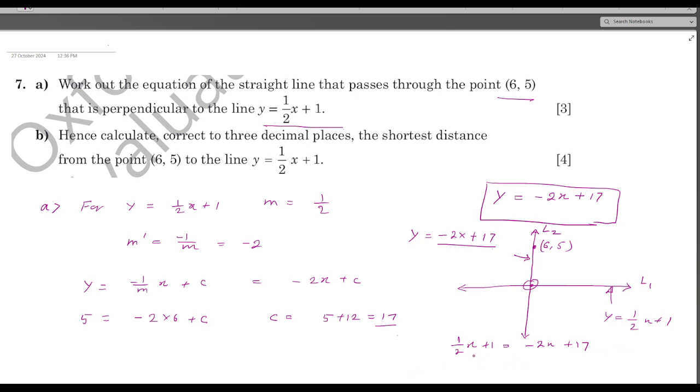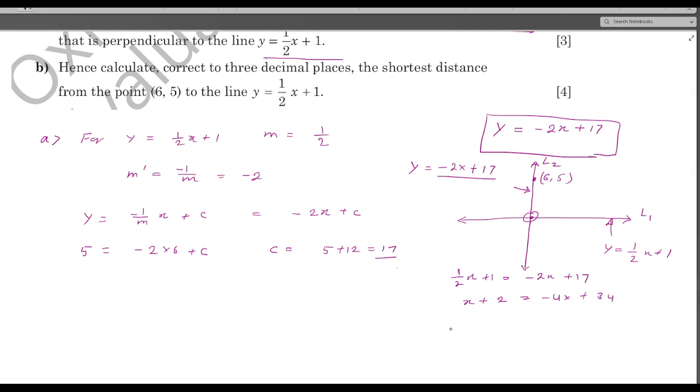Let us multiply both sides by 2. So you have x + 2 = -4x + 34. Bringing -4x to the left side, you have 5x = 32, and therefore the value of x is 32 divided by 5, which is 6.4.